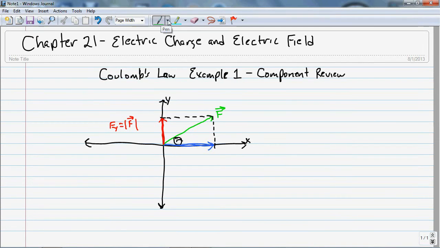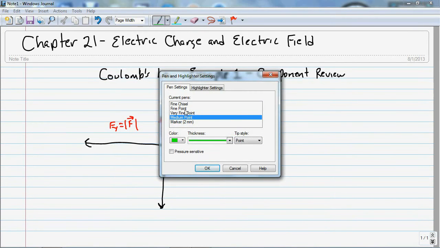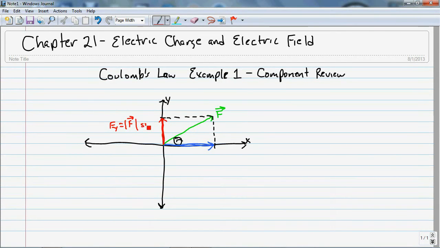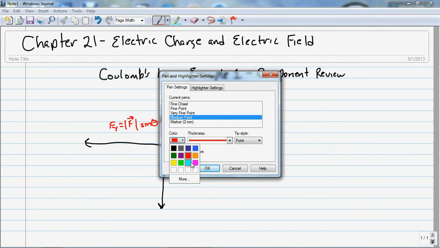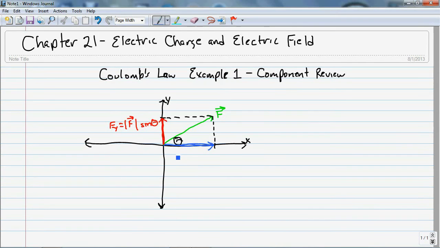So it's the magnitude of the F vector times the sine of theta. And for our blue vector, F sub x is going to be equal to the magnitude of the F vector times cosine of theta.